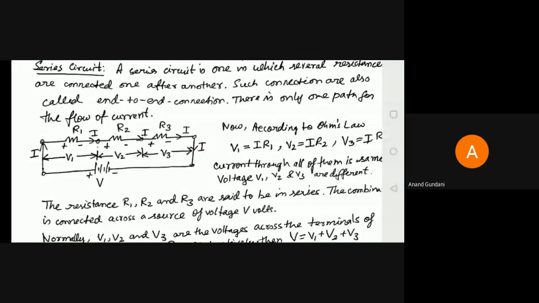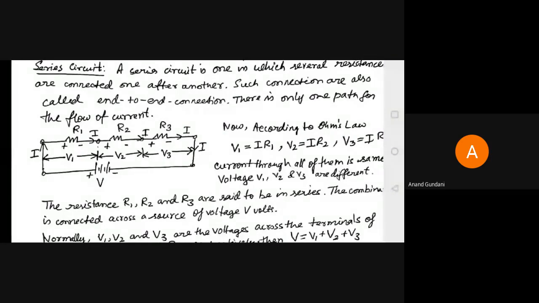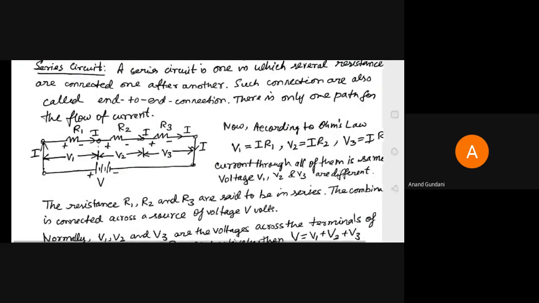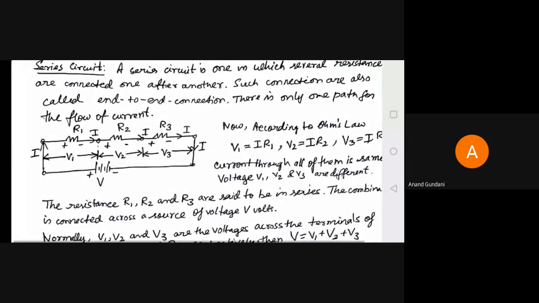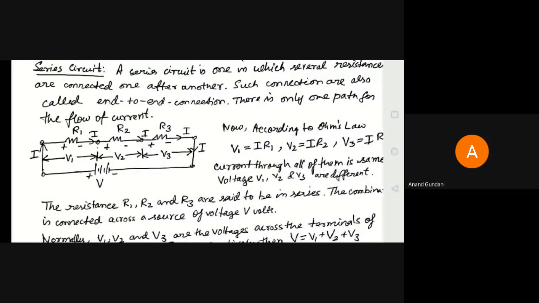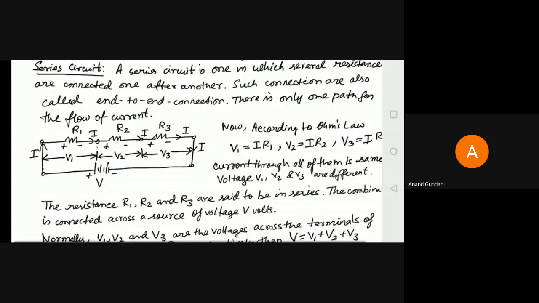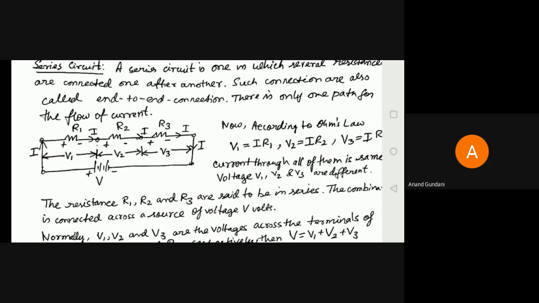Now, coming to what a series circuit is. From the diagram, you can see that three resistances are connected back to back, one after another. The ending of one is connected to the starting of another, and so on.